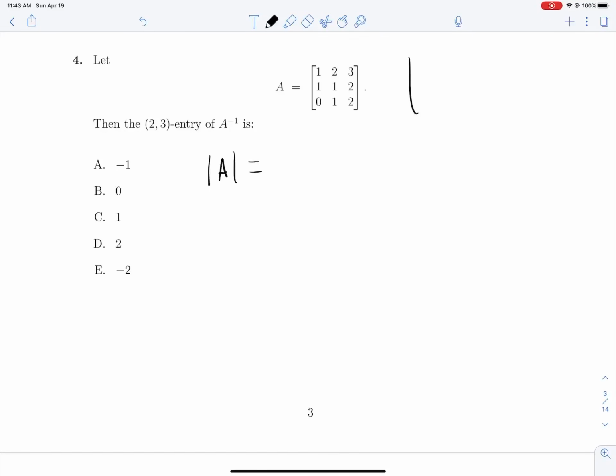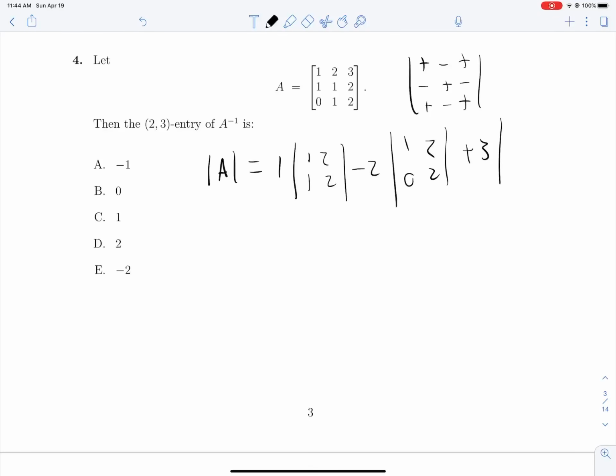Additionally, you'll want to remember that the pluses and the minuses are coming from this whole scheme that we use here, which can come in handy for some of the bigger determinants that they make us take. And this determinant will be, as we said, 1 times the determinant of 1, 1, 2, 2, minus 2 times the determinant of 1, 0, 2, 2, plus 3 times the determinant of 1, 0, 1, 1.